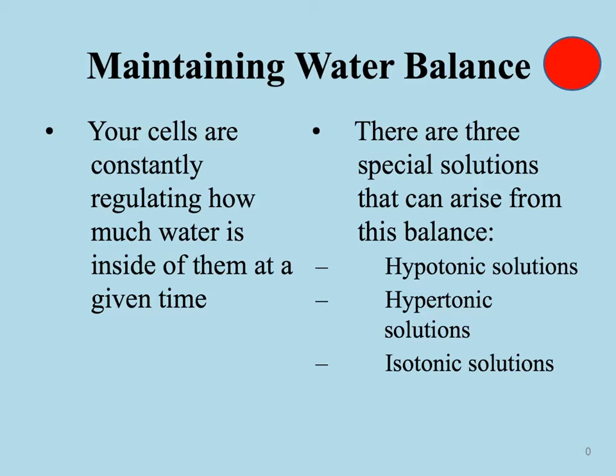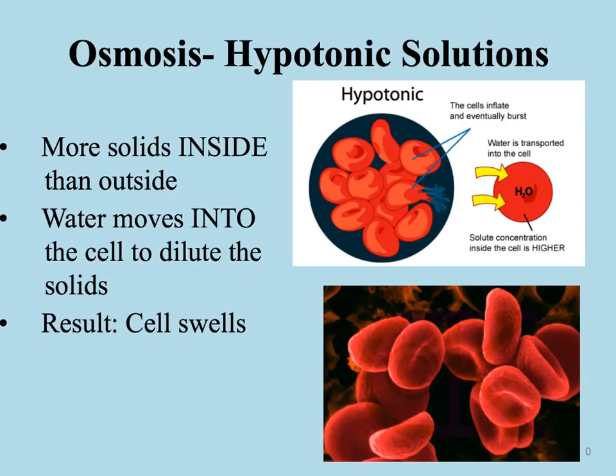So what happens to cells that are placed in the different types of solutions? You're going to get to see this in action when we do the gummy bear lab. So let's look at what happens. Remember, a lot of times it's easier to move water than it would be to move these larger salt or sugar molecules. So what happens if you place a cell in a hypotonic solution, it means that the concentration outside the cell is lower than the concentration inside the cell.